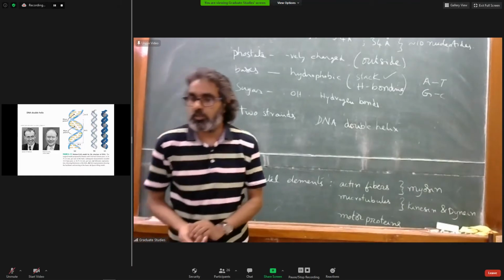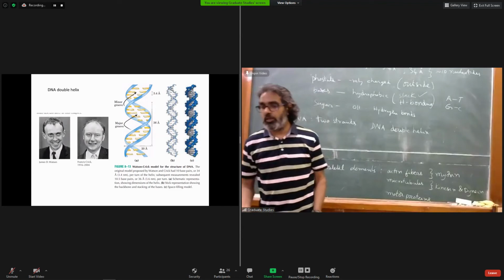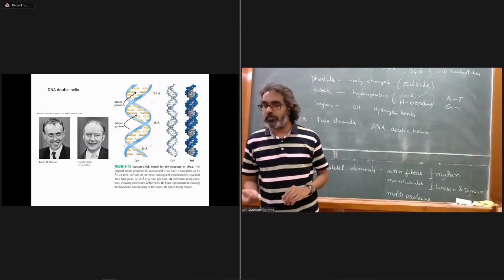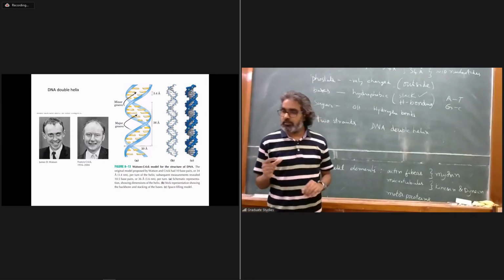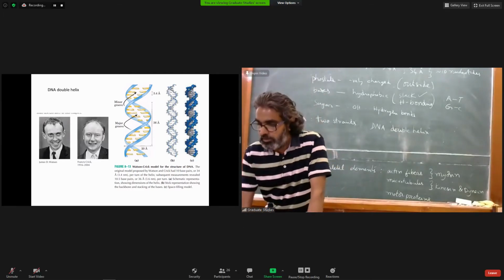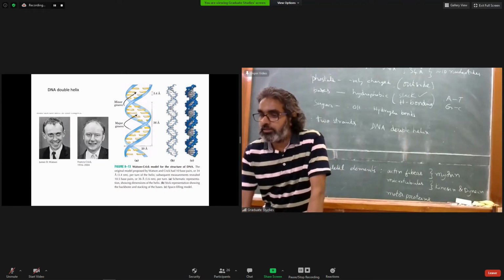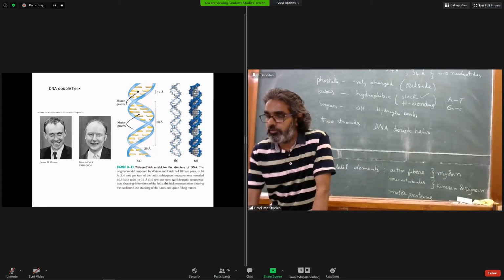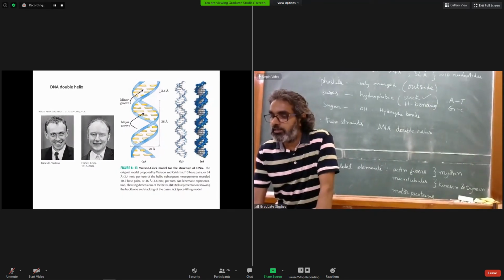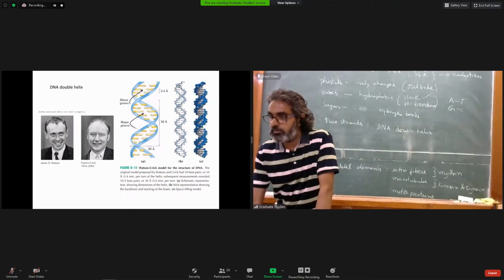If you have DNA in fibers, there are small differences in the structure, compared with isolated double-stranded DNA in water, which has a slightly different structure than DNA in fibers.